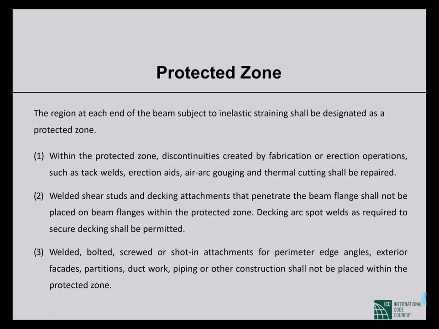Welded, bolted, screwed, or shot-in attachments for perimeter edge angles, exterior facades, partitions, ductwork, piping, or others shall not be placed within the protected zone. So, same thing, we have to be very careful about the protected zone. So once we make the connection, we finish the construction of the connection, then we have to remove all the different types of attachments.